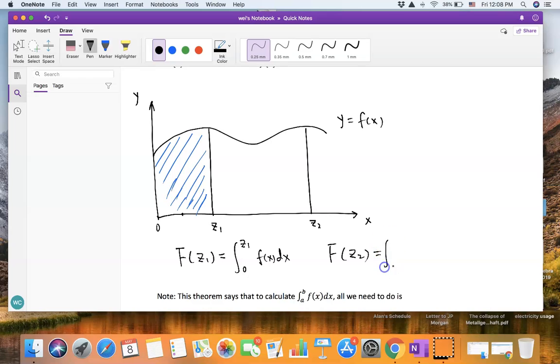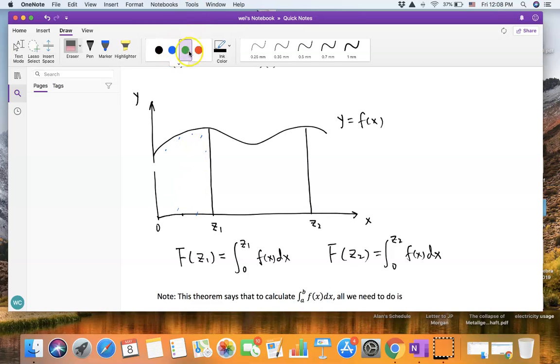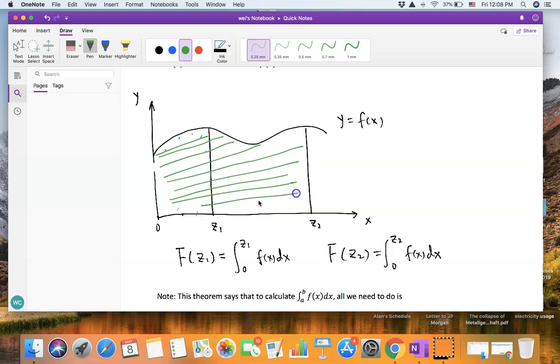That function is the integral from 0 to z2 of f(x) dx, and my second function is represented by this area, from 0 to z2.